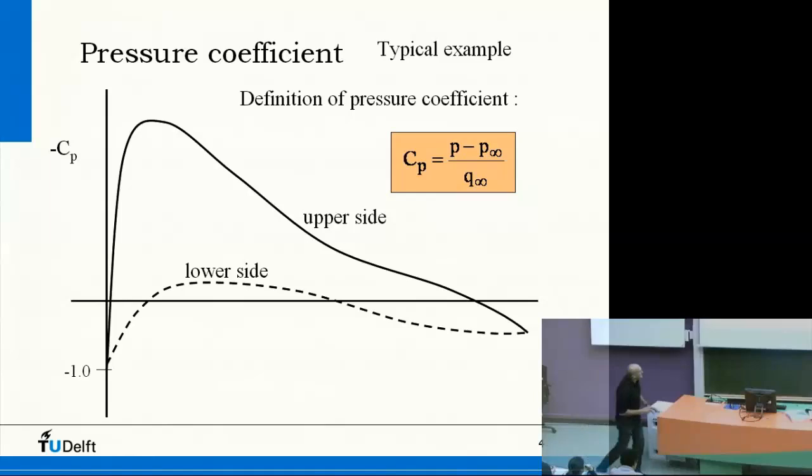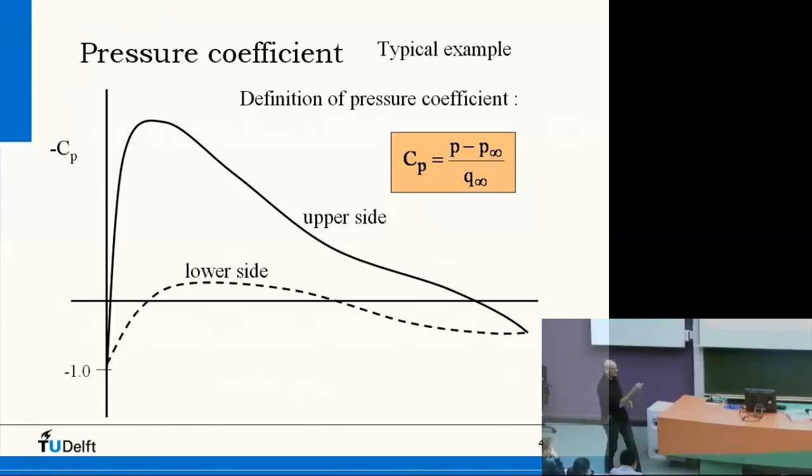The definition of the pressure coefficient. That is the static pressure somewhere on the airfoil, on the object, minus the static pressure far in front of the airfoil, so P infinity, divided by the dynamic pressure, half rho v squared infinity. This is the pressure coefficient, compressible and incompressible.